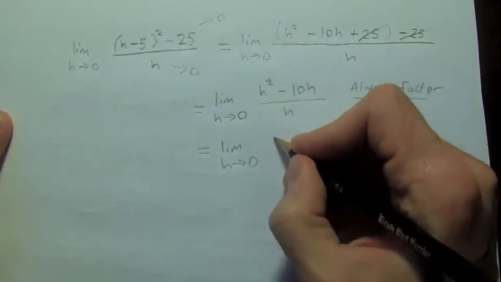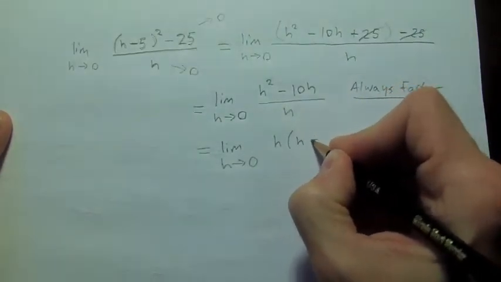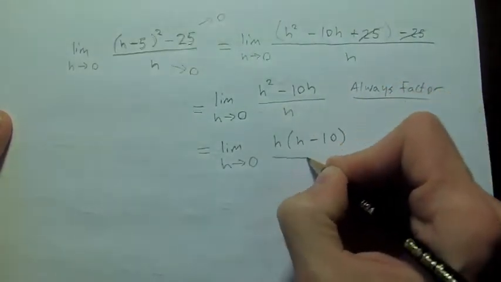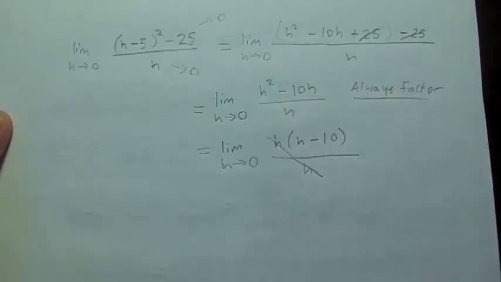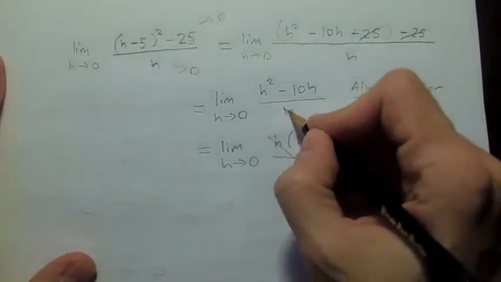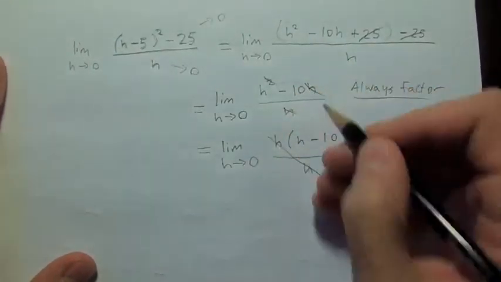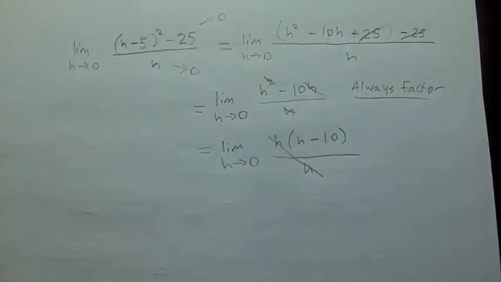Because I can factor an h out of the top here, and then it's very clear what cancels, what doesn't, what gets left behind. It makes things far simpler. Okay? So just always factor. Eventually you can get to the point where you say, oh, this h cancels with that h. But if you're not there yet, that's totally okay. You can just factor and be just fine.